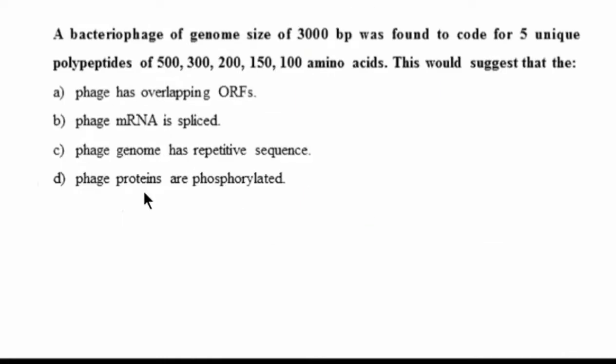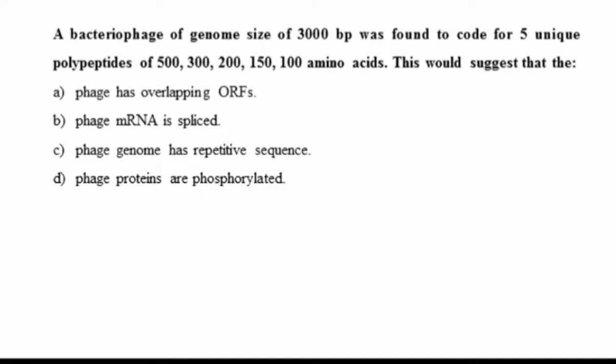Moving on to our next question, which is a bacteriophage of genome 3000 base pairs was found to code for 5 unique polypeptides, 500, 300, 200, 150 and 100 amino acids. This would suggest that.